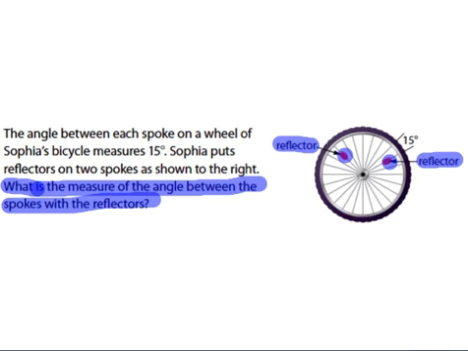All right, well, let's pull out those important words, those important details that I know I have to have in order to answer this question. Well, it's very important that I know that right now it's a 15-degree measure when I measure the angle between each spoke, okay? The angle between each spoke measures 15 degrees.